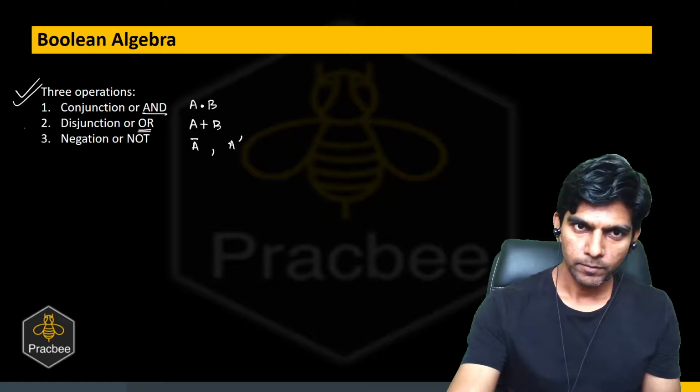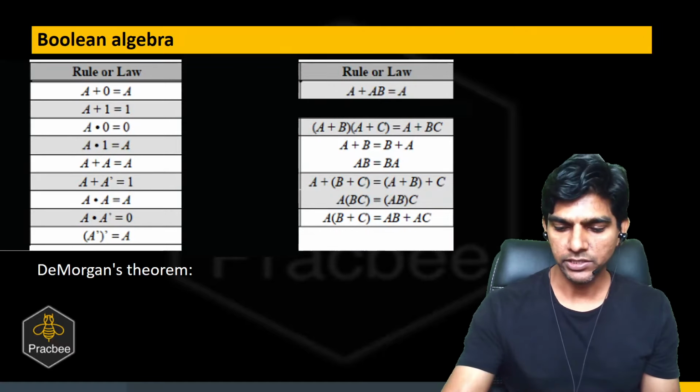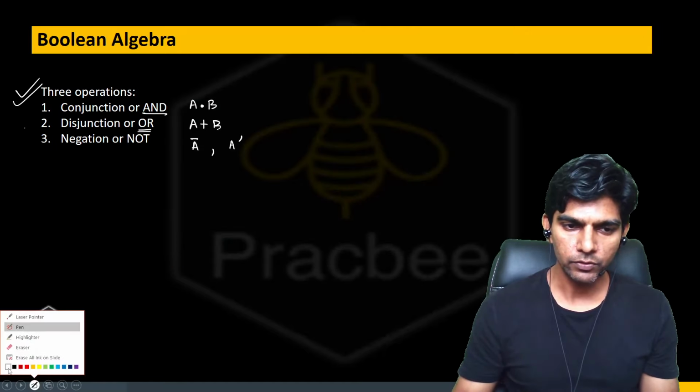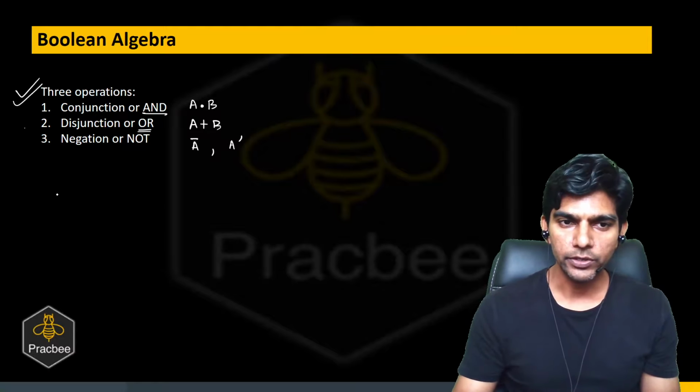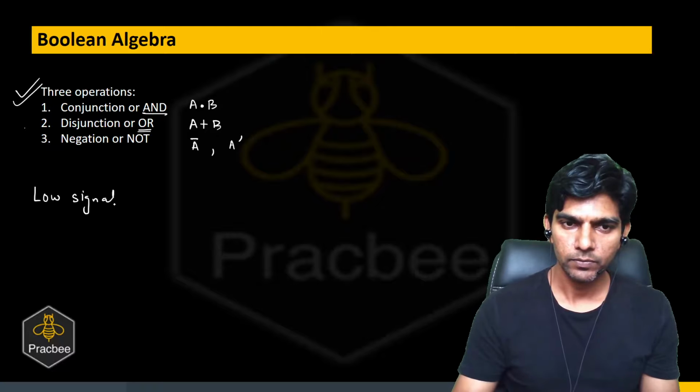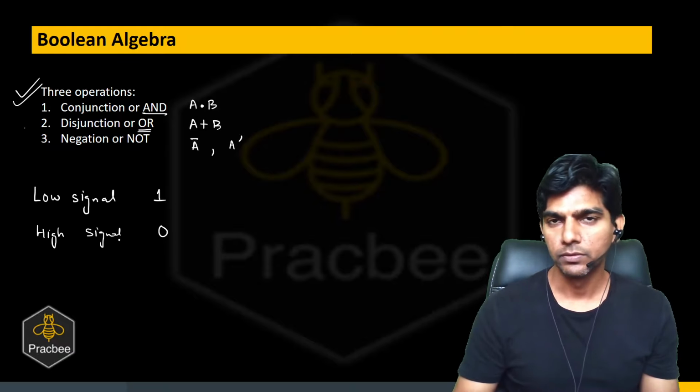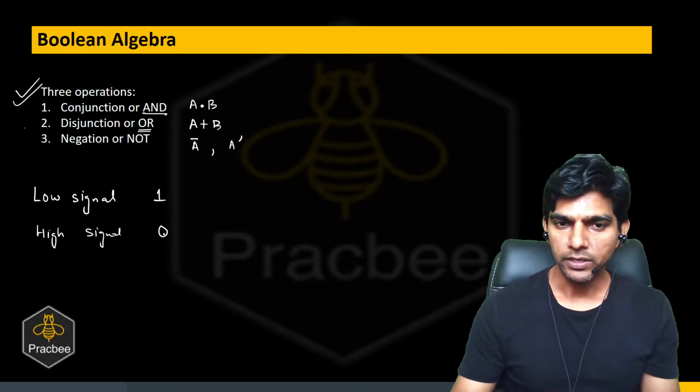Okay, so let us see what are the rules for Boolean algebra. So basically here we are talking about only discrete signals. So we are going to understand what is a low signal? Low signal is represented with 1, and high signal is represented with 0, right? So 1, 0.